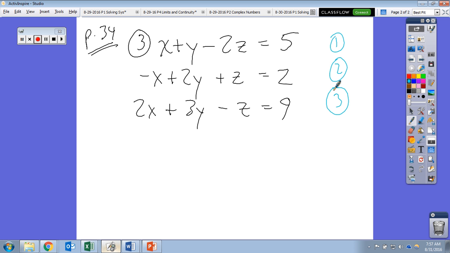So, either 1 and 2 eliminate the x's, or 2 and 3 eliminate the z's. Either one of those would be fine. So let's just do 1 and 2.